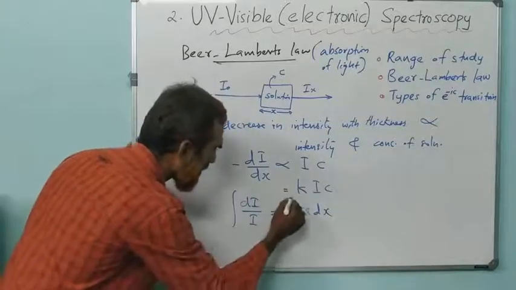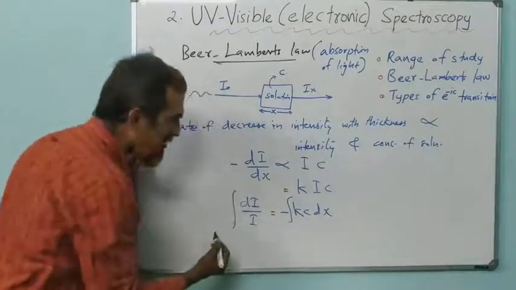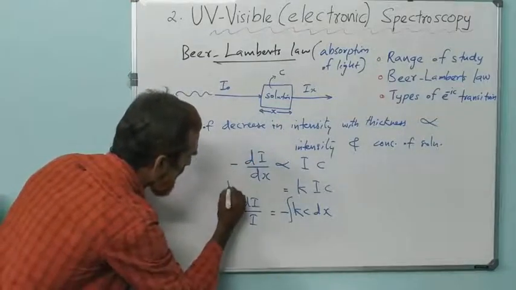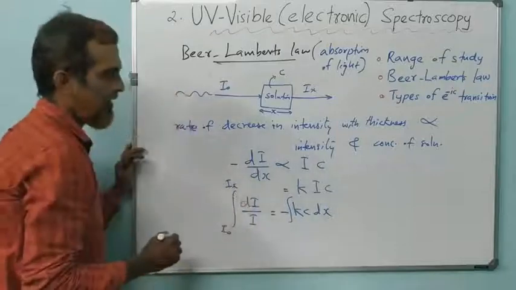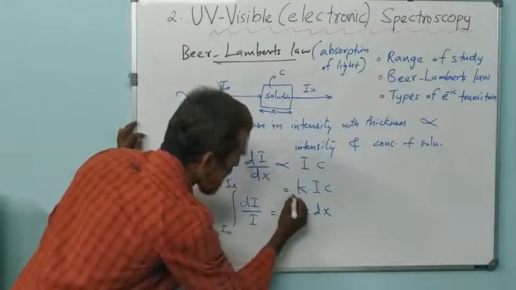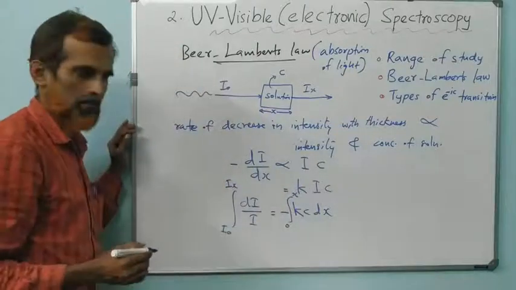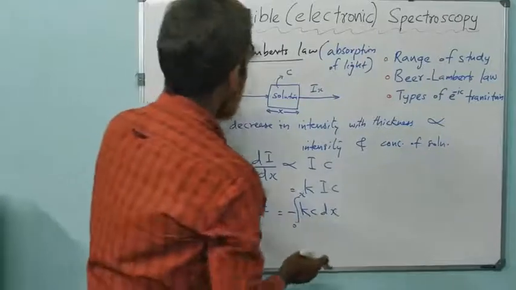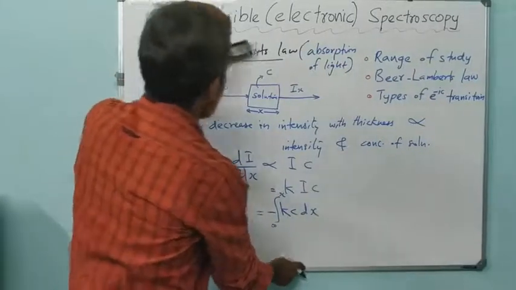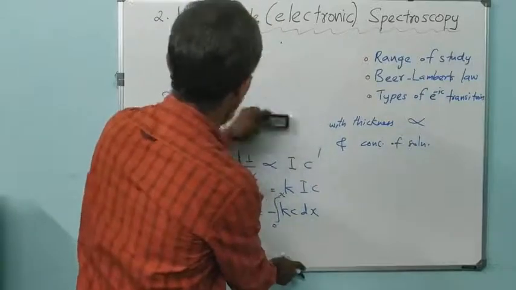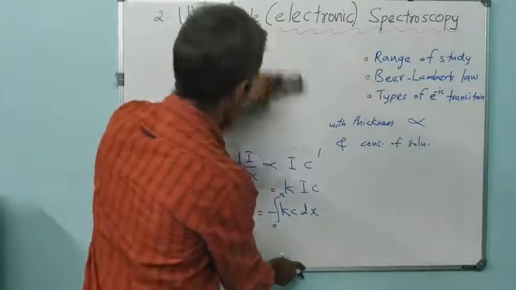Integrating between the limits, here the limit for intensity will be I0 to Ix, right? And for x it is x equals 0 to x. So what do you get? Let's write the equation now.